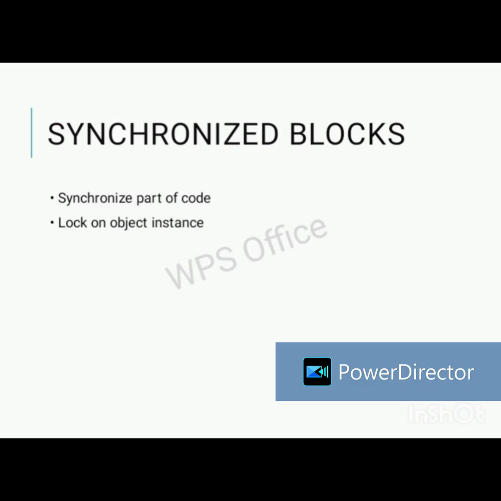A synchronized block is defined using the synchronized keyword followed by an object reference, which acts as the lock. Only one thread can execute a block synchronized on the same object at a time. Use cases: synchronize access to shared counters or collections, and protect code blocks that update global state.